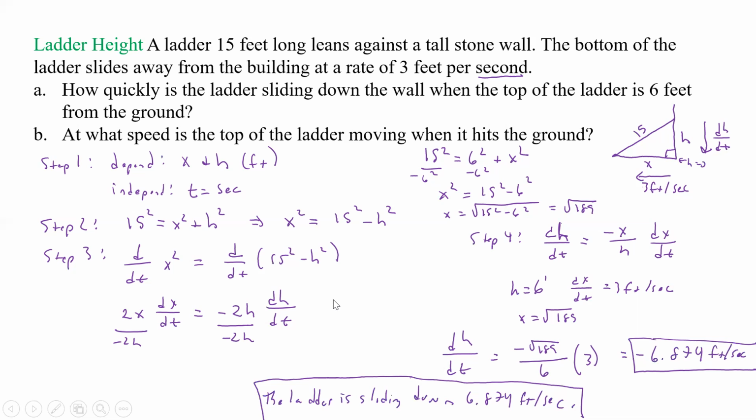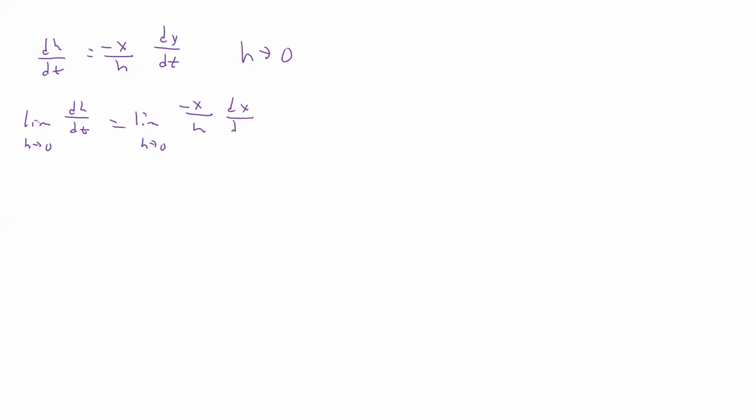And so what we're going to have to do is say, okay, well, dh/dt is equal to our negative x over h of dx/dt. And h, we're getting really close to 0. And so what we're going to do is let's take our limit of dh/dt as h goes to 0 is equal to our limit as h goes to 0 of negative x over h times dx/dt.